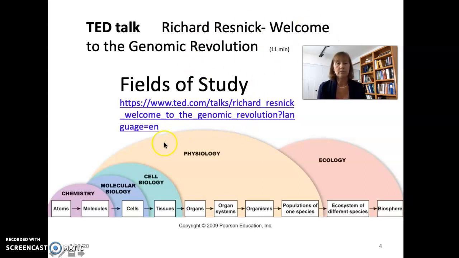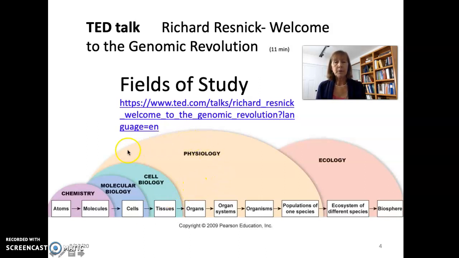In this slide, I have different fields of study, and right bang in the middle there is physio. We have physiology. And what does it encompass? What other fields does it cover? So look at it. Will we be looking at chemistry? Yeah, a little chemistry here, atoms and molecules, of how things function at the molecular level. So that encompasses molecular biology and cells, how they behave. And we're going to be talking about ions and what potassium does and what sodium does.